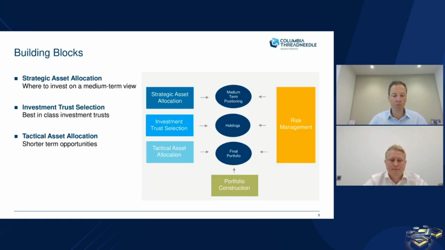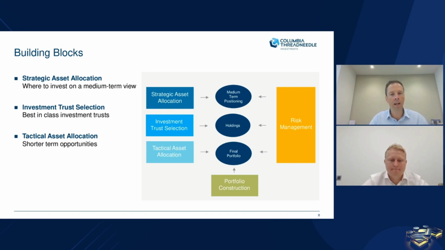So starting off with building blocks, Adam and I are part of the multi-asset team at Columbia Threadneedle, who look very closely at the best markets in which to invest over the medium term. They spend time looking at things like fundamentals, valuation, behaviourals, so that they can really allocate their portfolio to take advantage of tailwinds on a medium-term view.